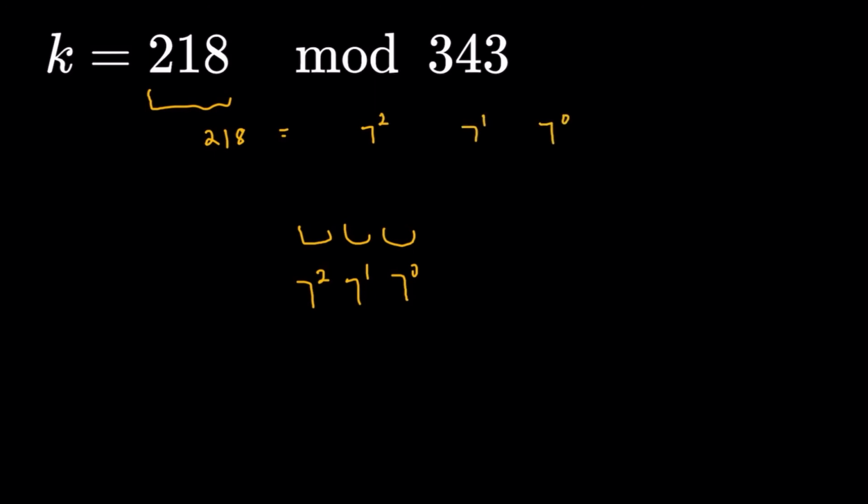Now, we're just going to ask ourselves, how many times can we subtract 7 squared, or 49, from 218? The answer here would be 4. So 4 times 7 squared, that's 196. So 218 minus 196, so far that's 22.